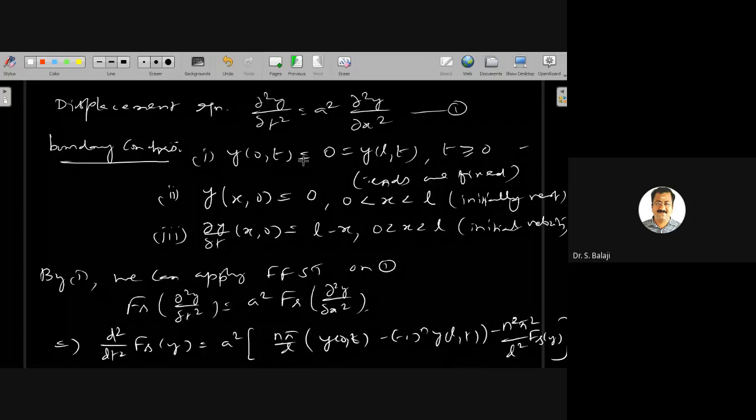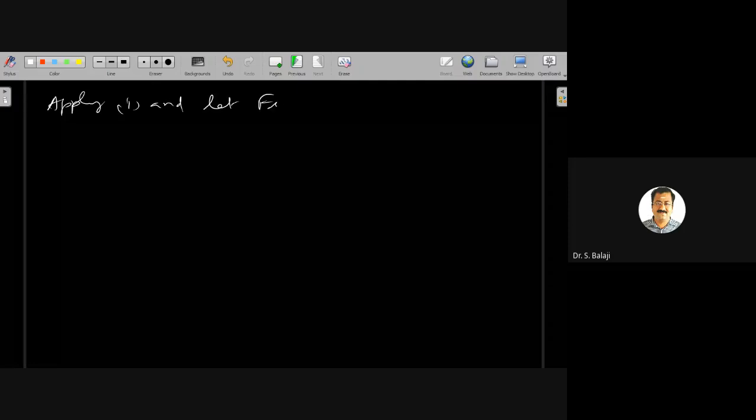Apply the boundary conditions: they are 0. Apply 1, and let Fs of y equal to y bar. That is, the Fourier sine transform of y of x comma t equals y bar of n comma t.